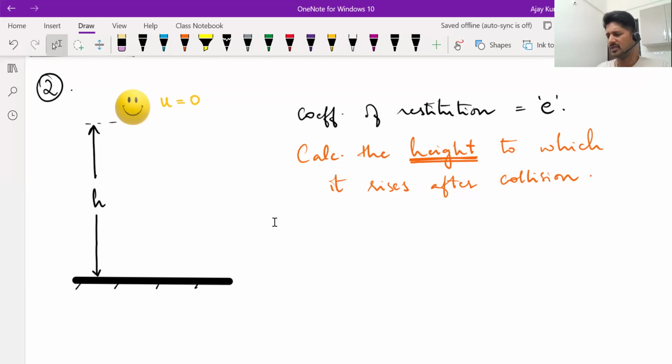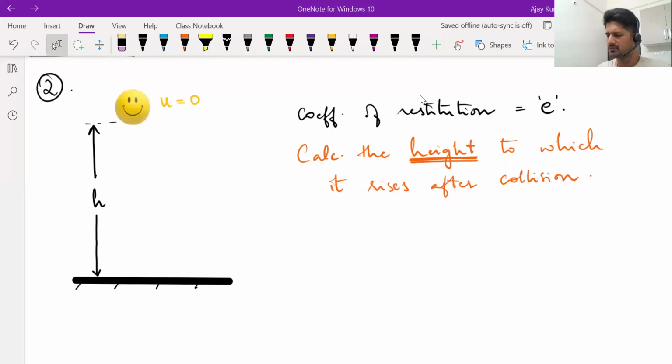Okay, but can you tell any formula for it, for the H max? It's true that the velocity by which it goes up, it depends on the speed with which it begins to rise.